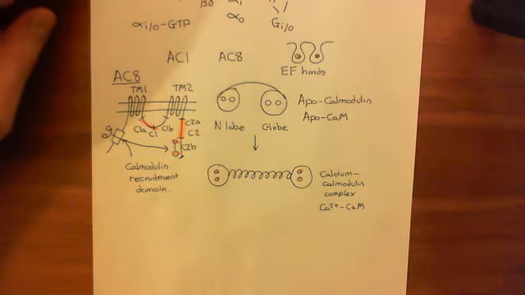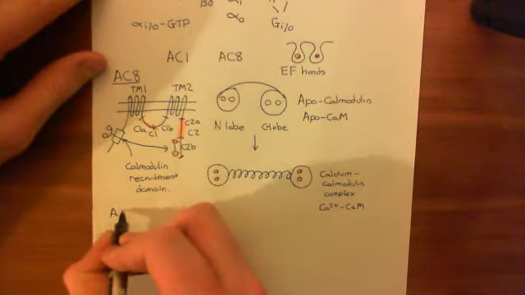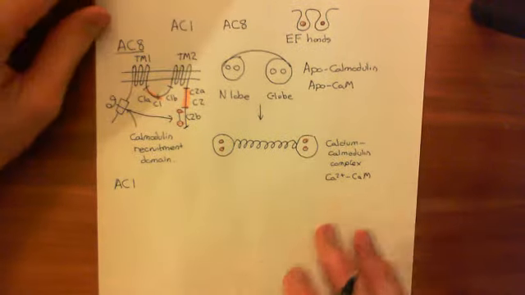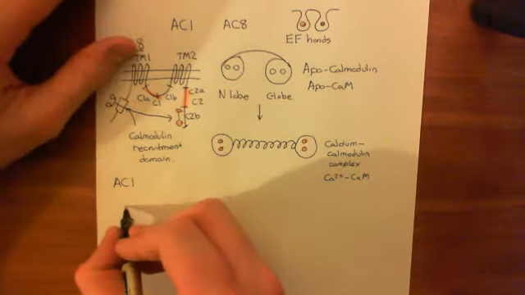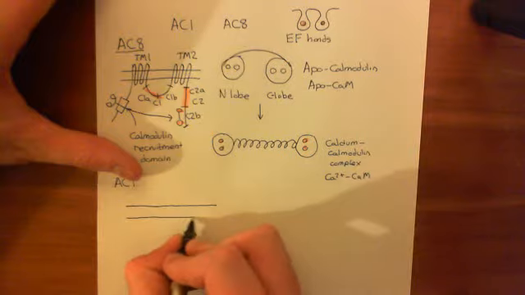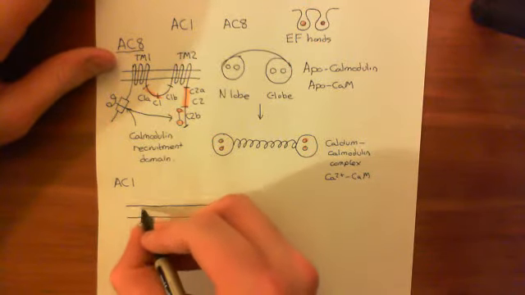Okay, so we'll now look at adenylyl cyclase 1 and how it's activated by calcium binding to calmodulin again. Adenylyl cyclase 1 does not have its own intrinsic calcium sensor. It relies on calcium sensors in the form of calmodulin. So, okay, here is adenylyl cyclase 1.